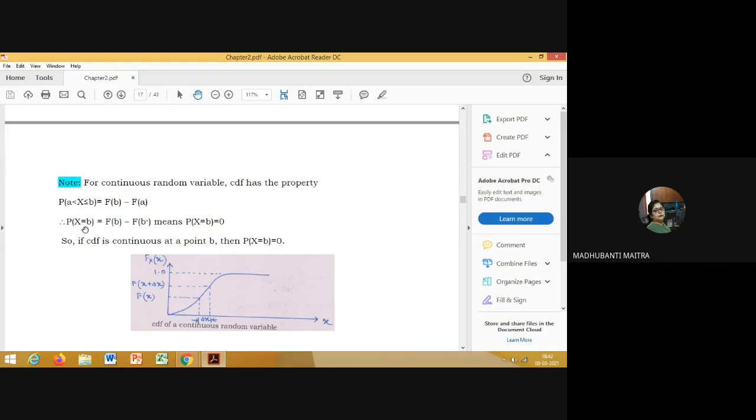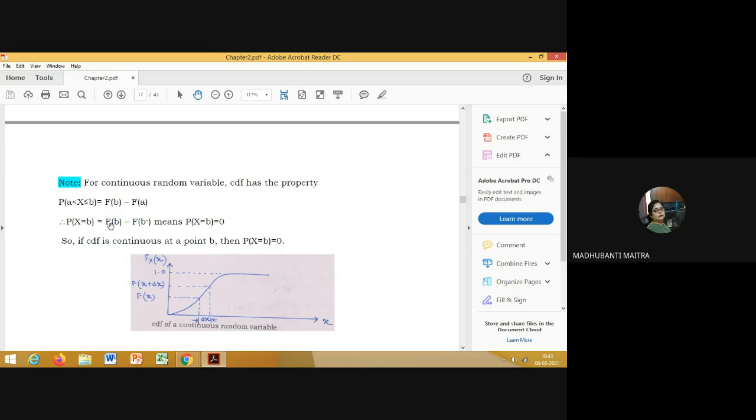And since we are discussing a continuous random variable, the probability that the random variable will assume a specific value, say b, will be equal to 0, which we have already studied. That can be mathematically established with the help of this relation, where we extend this concept to a specific value of the random variable.